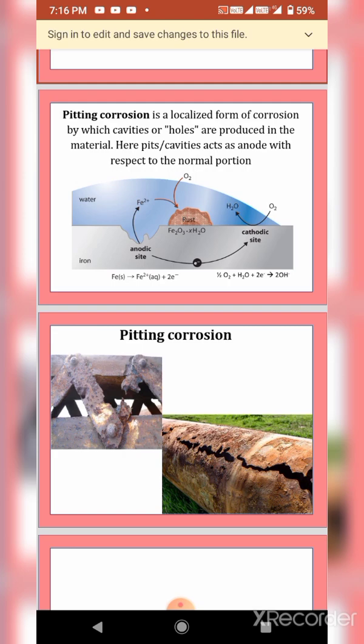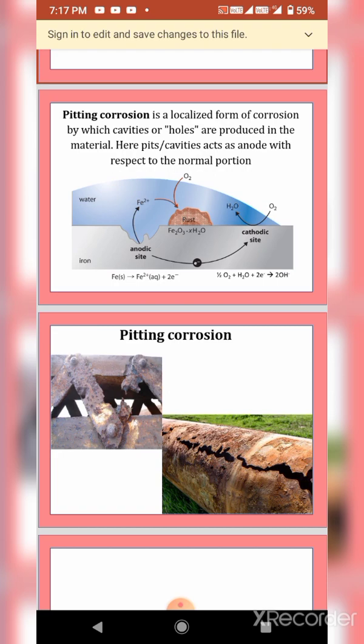Here the scratch or crack portion acts as anode and the rest of the portion acts as cathode. So pitting corrosion is a localized form of corrosion by which cavities or holes are produced in the material. These cavities or holes are produced by manufacturing defects or accidentally.